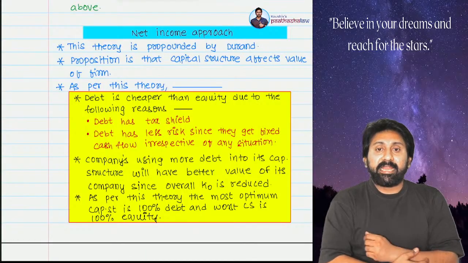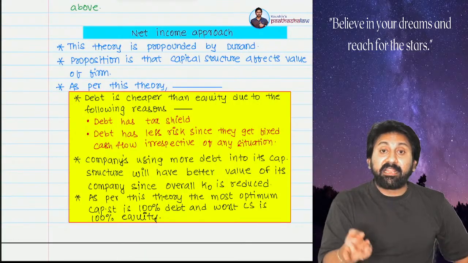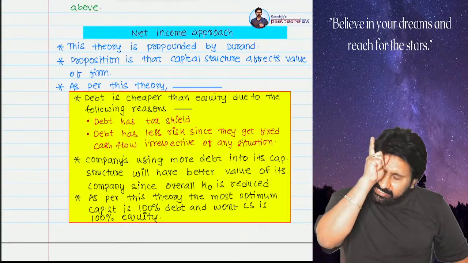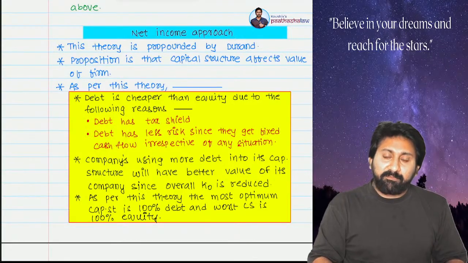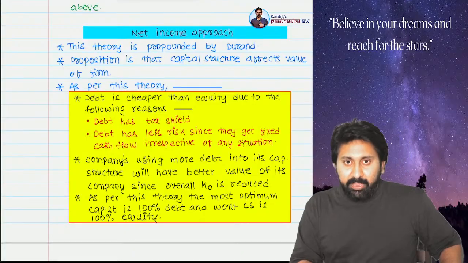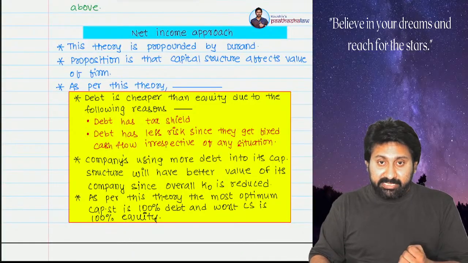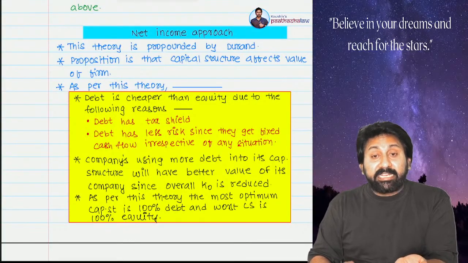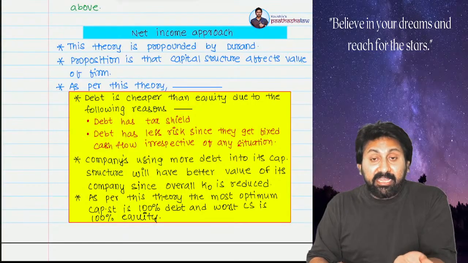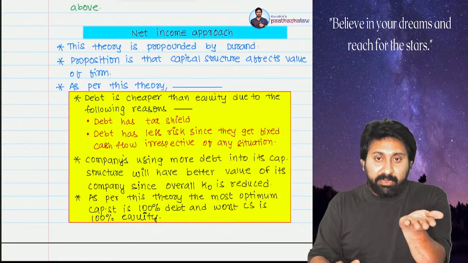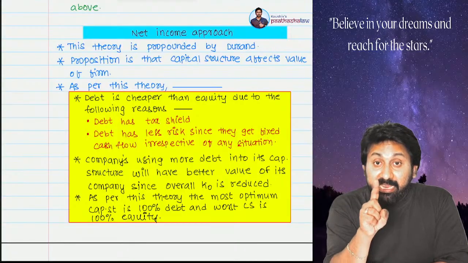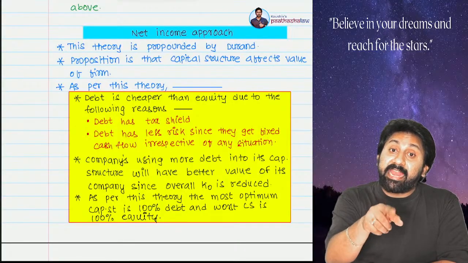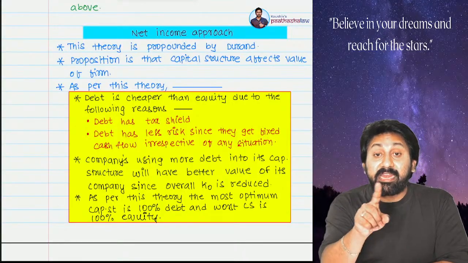Means it says that debt in the capital structure will necessarily affect the value of the company. How do they prove that? Listen carefully. As more debt is there in the capital structure, always remember KE will be more than KD.